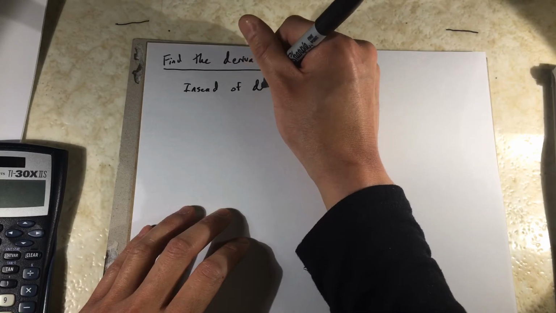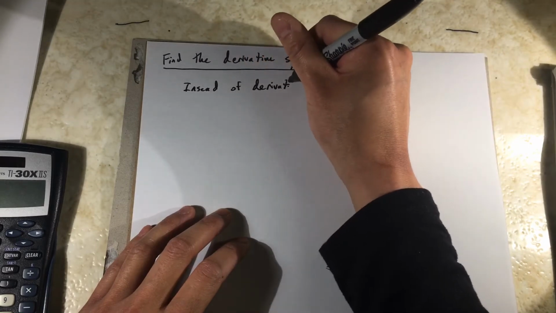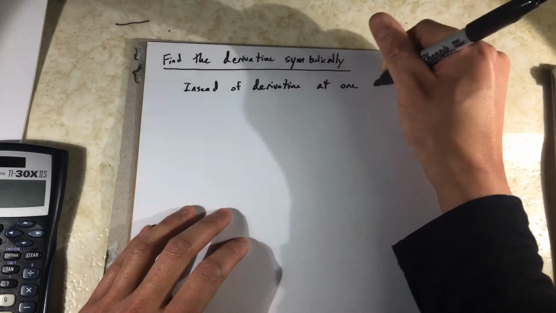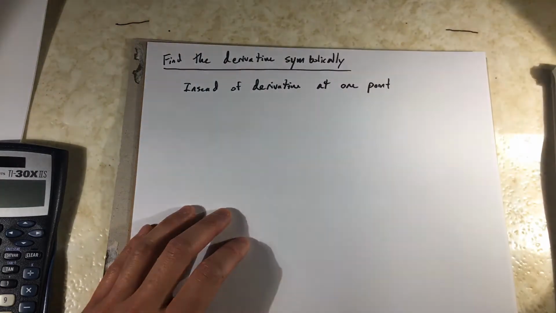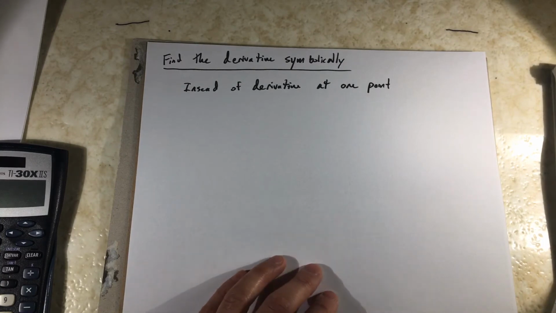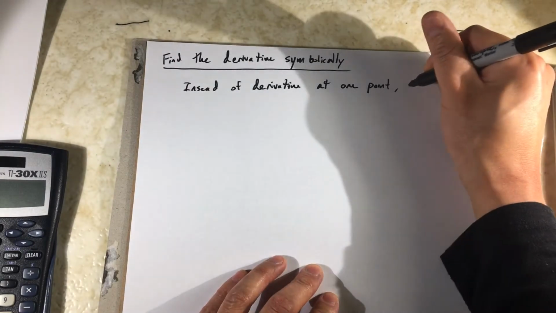instead of the derivative at just one point, which in our case was x equals 2, y equals -1, at that point we're going to just use x.